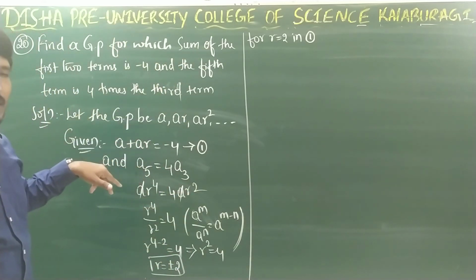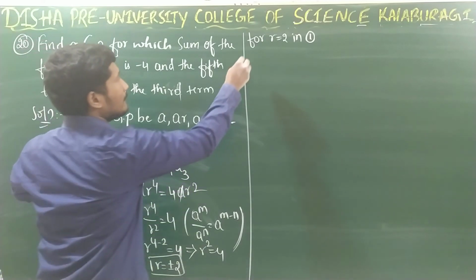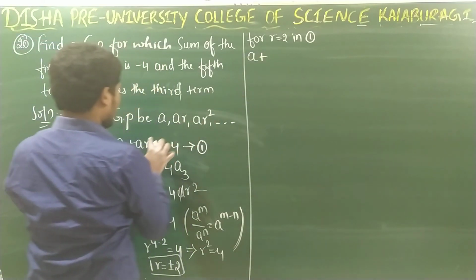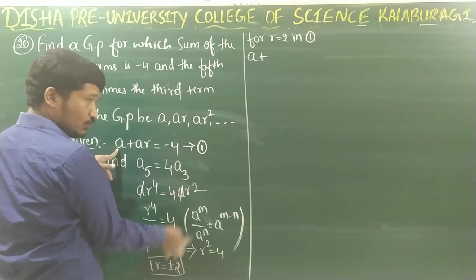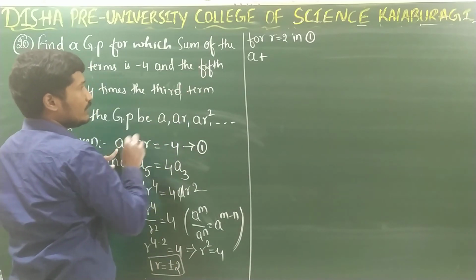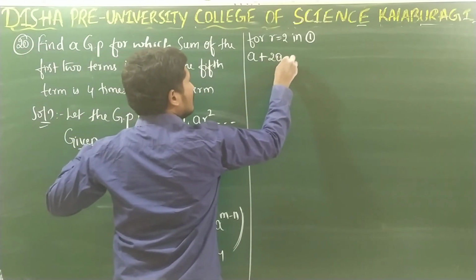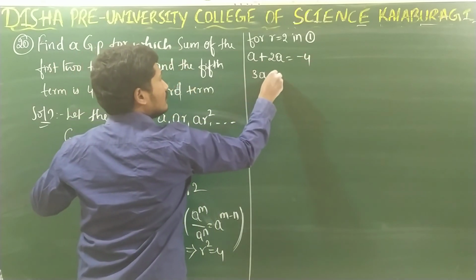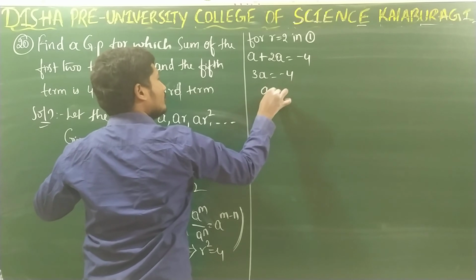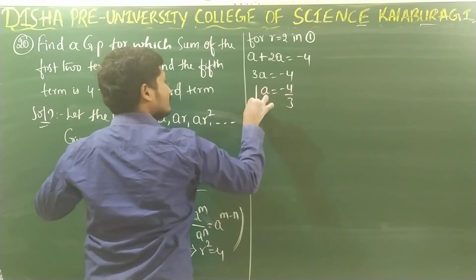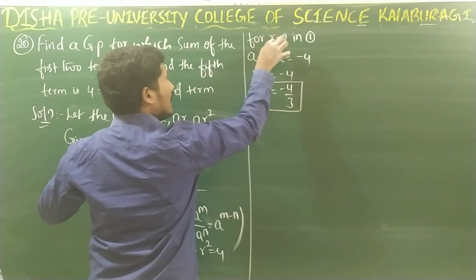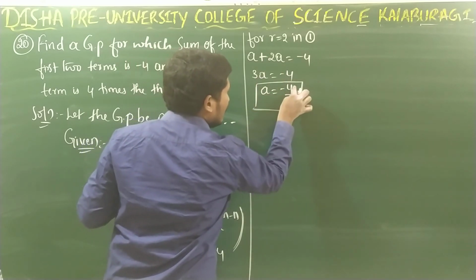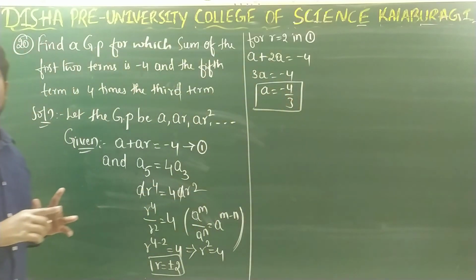So a plus a into r, with r equal to 2, so 2 into a is 2a is equal to minus 4. a plus 2a is 3a is equal to minus 4. So the value of a here is minus 4 by 3. So when r is equal to 2, the value of a is equal to minus 4 by 3.